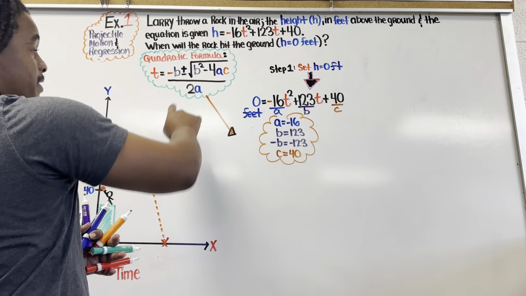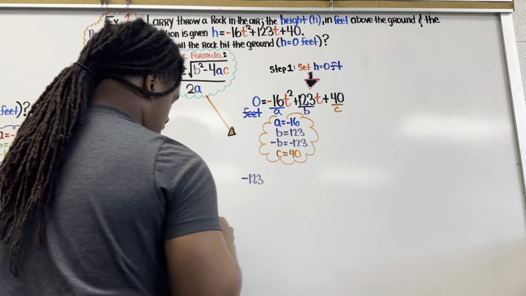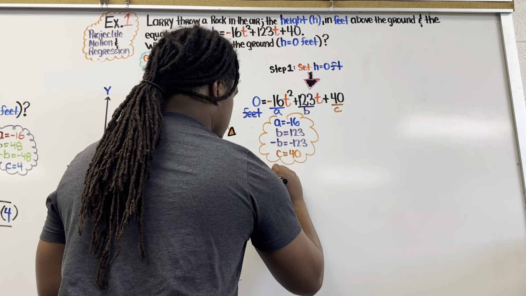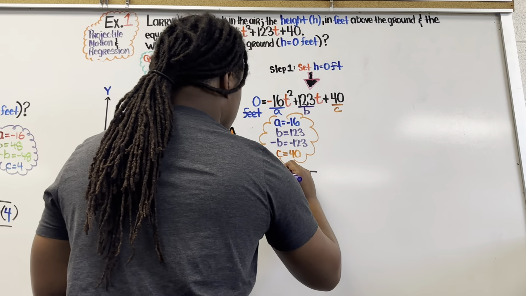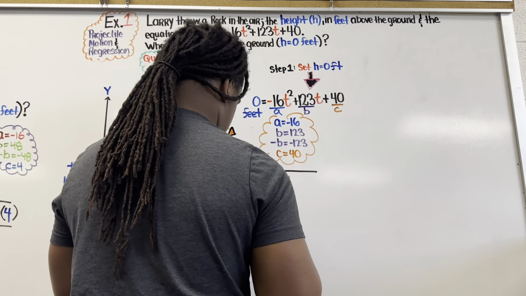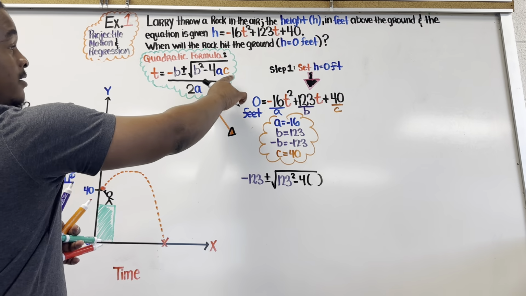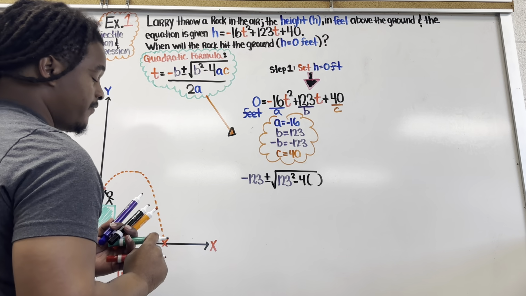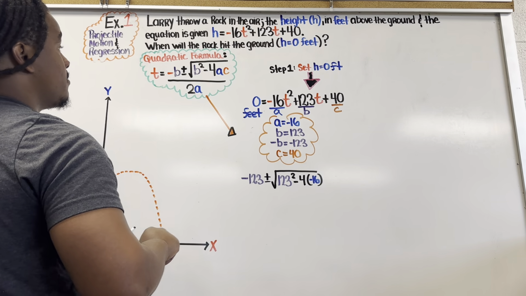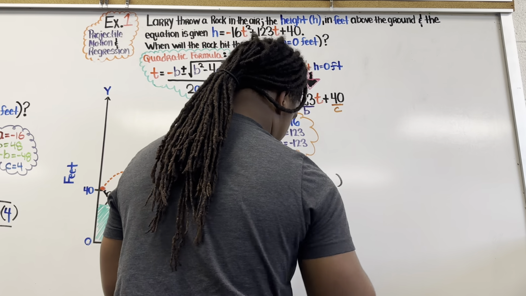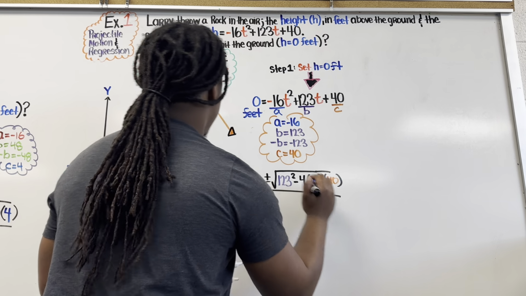We start off with negative b, which is negative 123, plus or minus the square root of b squared, 123 squared, minus 4 times a, which is negative 16, times c, which is 40, all divided by 2 times a.